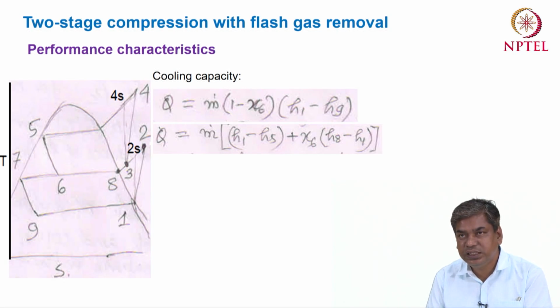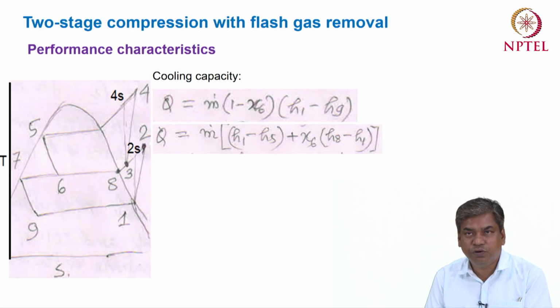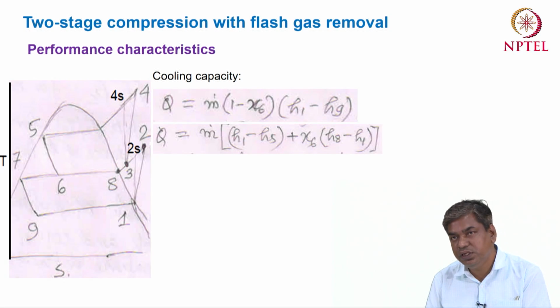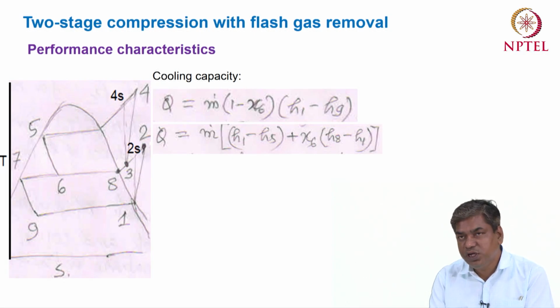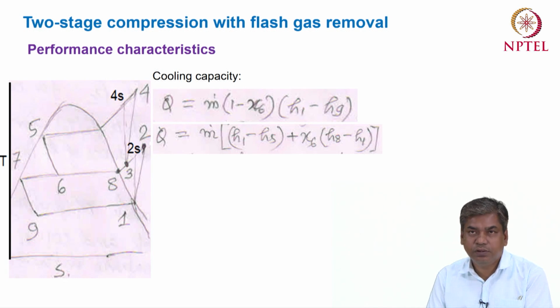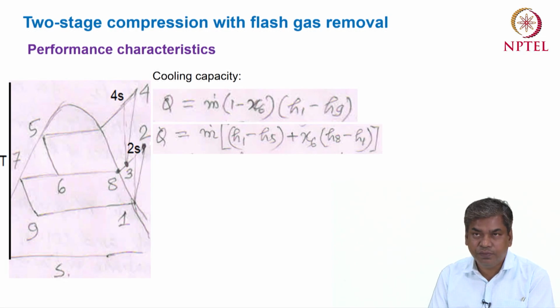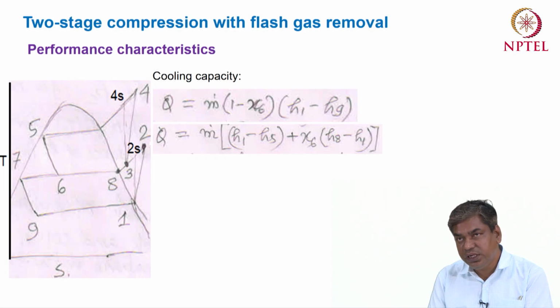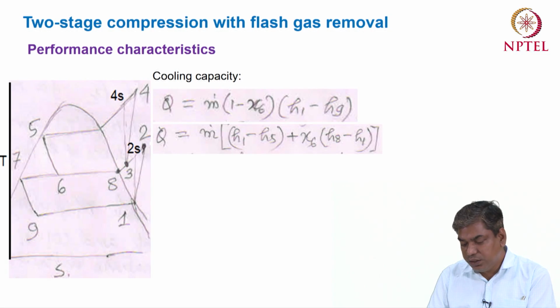So h6 into h8 minus h1 is always positive. That means compared with the basic single stage cycle, the cooling capacity of the system will be higher. So the cooling capacity is increased by using the two stage compressor with flash gas removal.